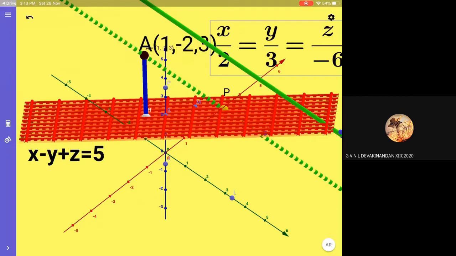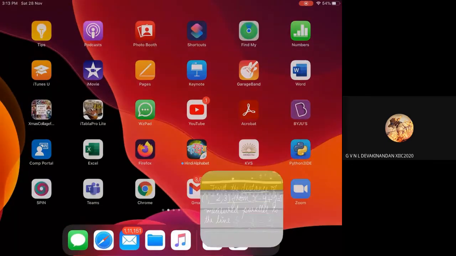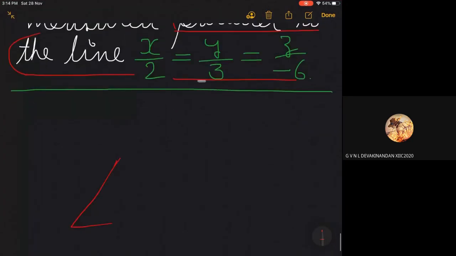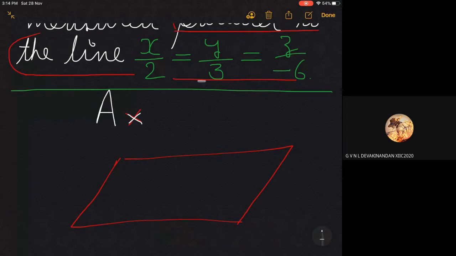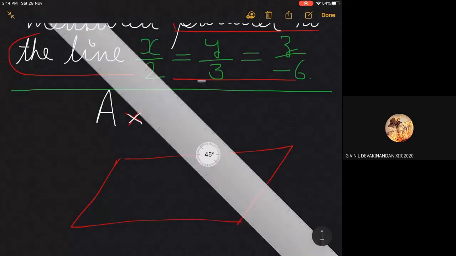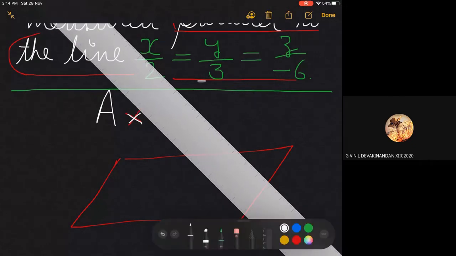So I'm just going back to the previous figure. We have this red color plane, and here you have this point, your point A, and you have a line which was given with the green color.